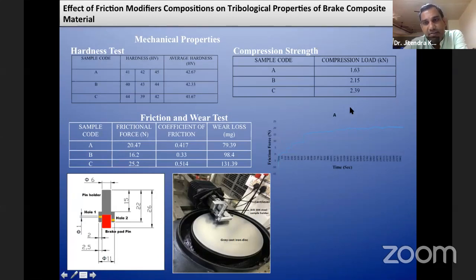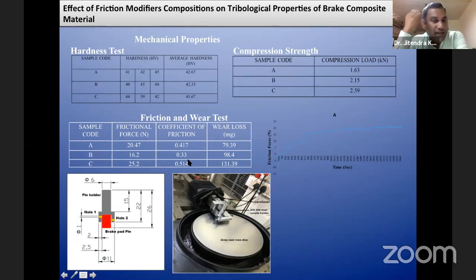That's why when you perform the compression, your compressive strength increases when you increase the talc percentage in the composite. And you can see that after adding 2.5 weight percent talc, you get an optimum amount of friction and a little bit higher wear loss, but it can be good as we get a little amount of friction.